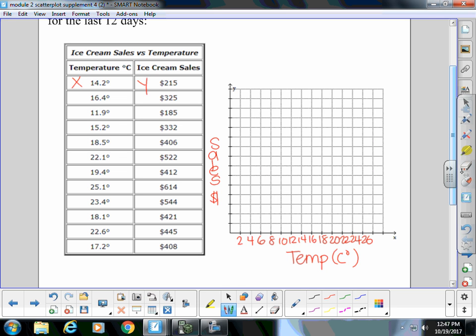Those are some pretty big numbers. We have to go from 185, looks like it's the smallest, all the way to $600, I think is the biggest one. So I'm going to go by 50s, I think. Go by 50s or 25s. Let's see, 25, 50, 75. Oh, is that going to be enough? That's 100. I don't think that's going to cut it. I think I better go by 50s.